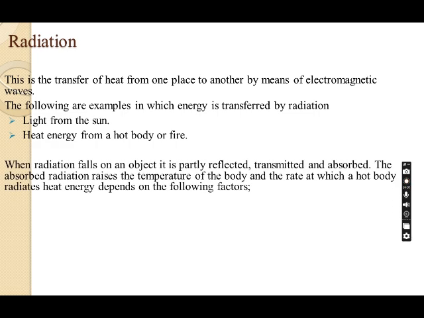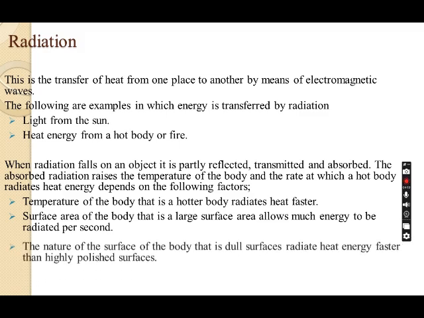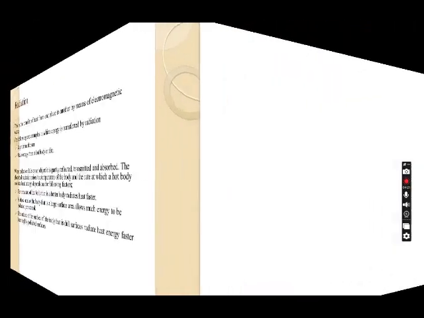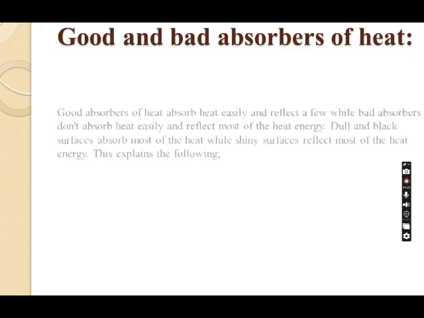When radiation falls on a body, it is partly reflected, transmitted, and absorbed. The absorbed radiation raises the temperature of the body, and the rate at which a body radiates heat energy depends on the following factors: temperature, surface area, nature of the surface. Then we have good and bad absorbers of heat.